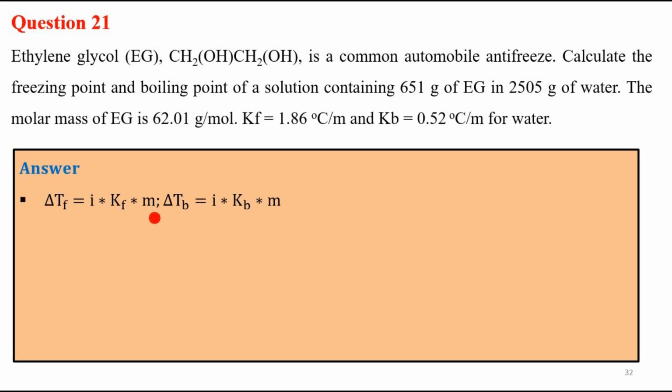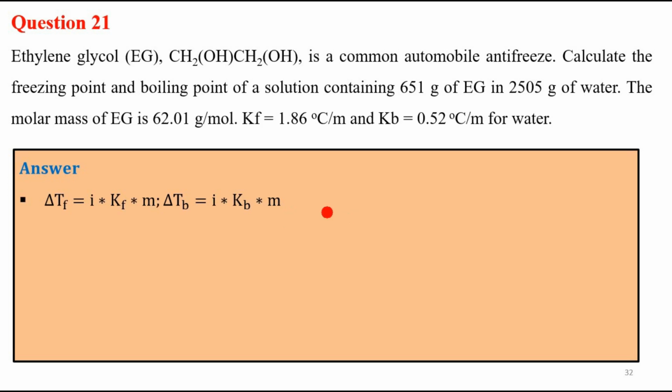And this molality is equal to moles of solid per kilogram of solvent. Also the dTB, the change in temperature for boiling point, is equal to the Van 't Hoff factor times the boiling point constant times the molality, which is the moles of solid per kilogram of solvent.